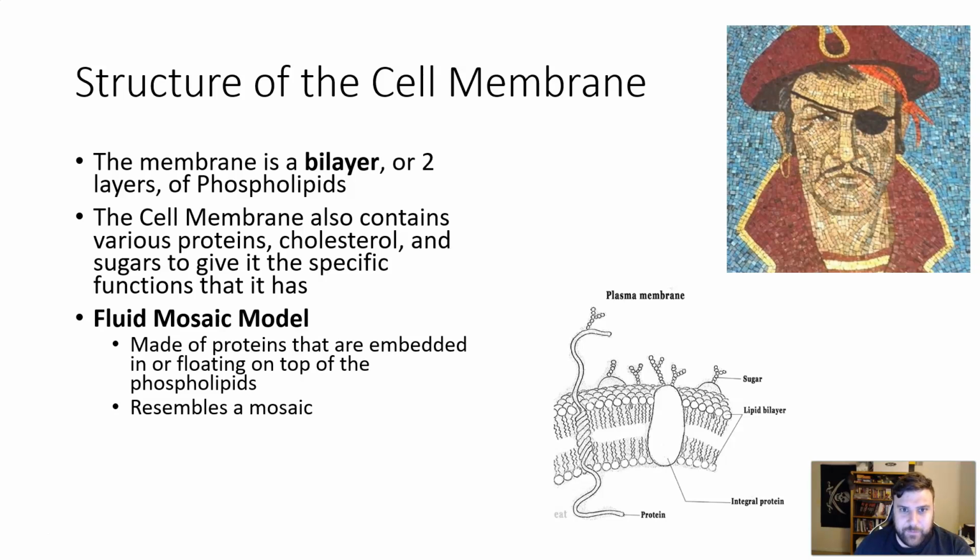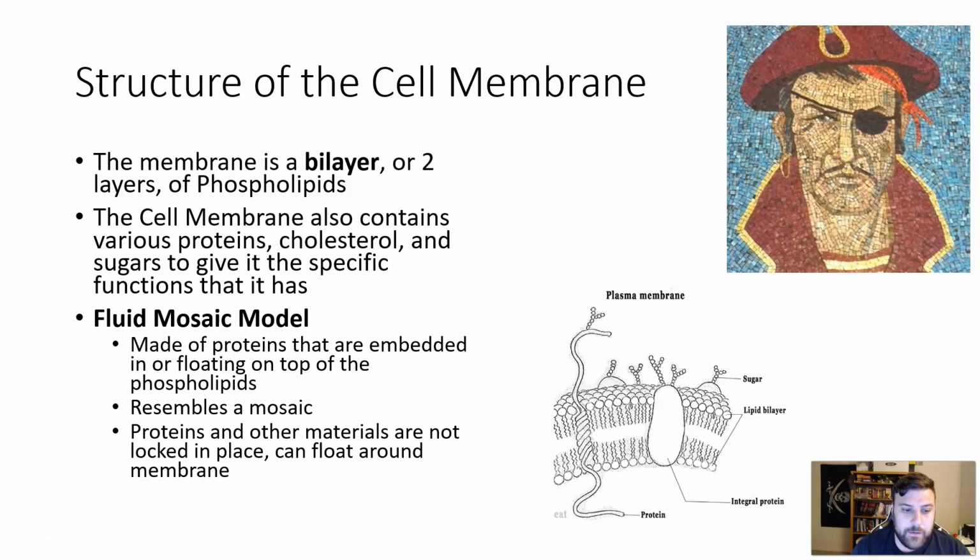And it gives it this look, much like the pirate out in the lobby, where all the little glass pieces are the proteins, with the concrete or whatever the binder is being the phospholipids. They just kind of float and do what they need to do.